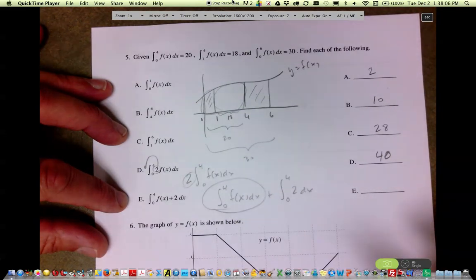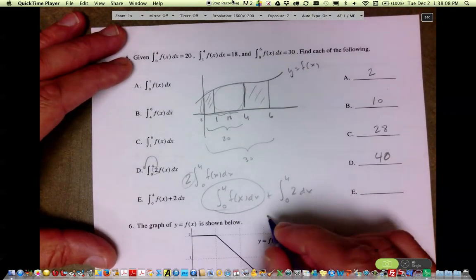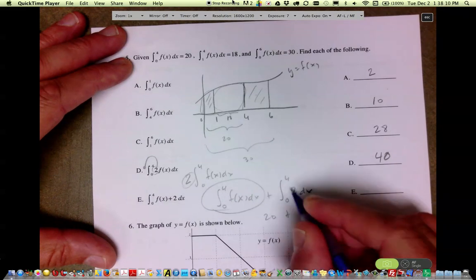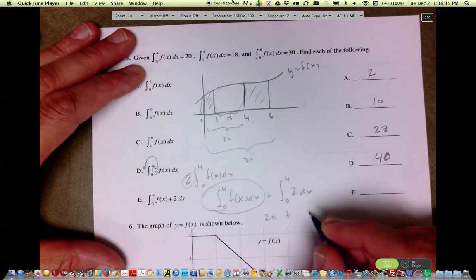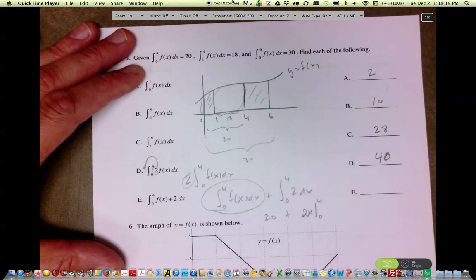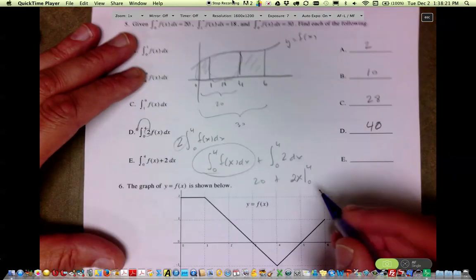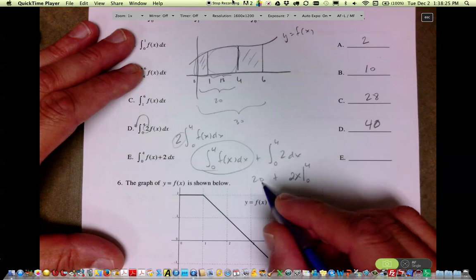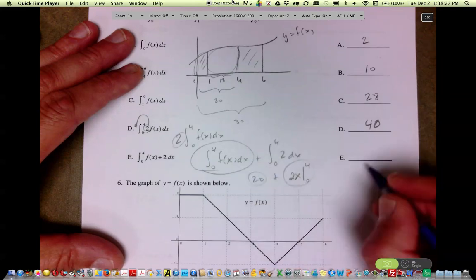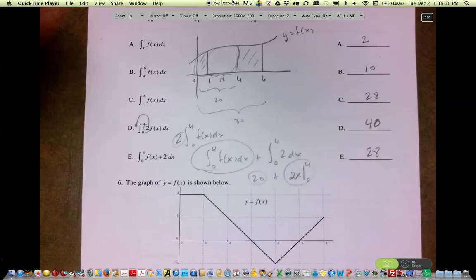This number was given up above as 20. And this one you can find by using the fundamental theorem of calculus, which says find an antiderivative of 2, which is 2x, and go from 0 to 4. If you plug in 4 here, you're going to get 8. Plug in 0, you're going to get 0. So this is going to be 20 plus 8, which is 28.